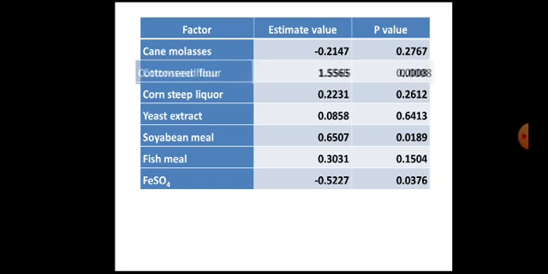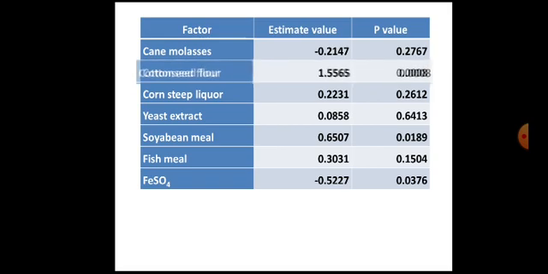For cottonseed flour, we can see the parameter estimate value is 1.5565, which is the highest in this table, and it is positive. This means that when you increase the concentration of cottonseed flour from -1 to +1, the production of antibiotic increases.